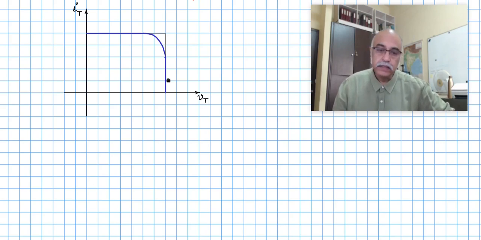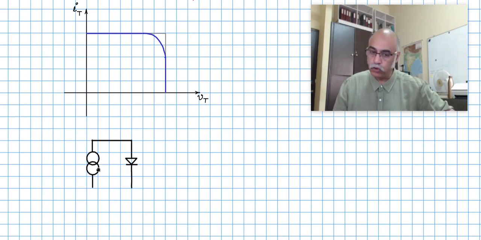However, in practice, you will see that there are few non-idealities that come into play. The model that we have with us till now is this current source, which is representing the solar insolation and resulting in a photocurrent, and we have this diode.